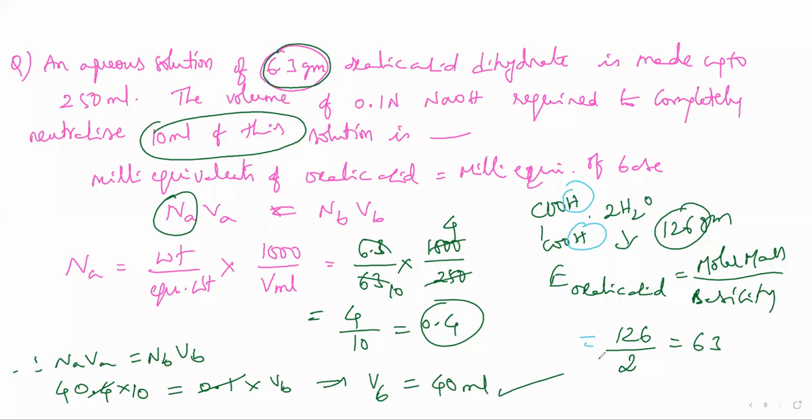So how much volume of base is required, sir? 40 ml of base is required. This is about volume of base, right? So these are how you will get questions based on mole concept and concentration terms.